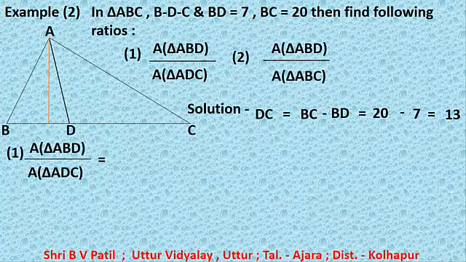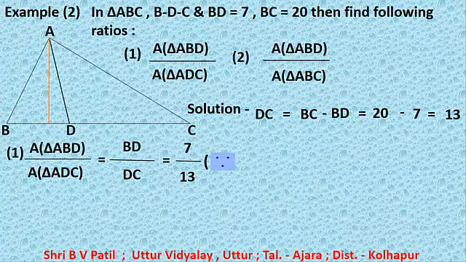The base of triangle ABD, that is BD, divided by the base of triangle ADC, that is DC. Give reason. Then substitute value of BD is 7 divided by value of DC is 13. We can't do here division. Then give reason, because triangles having equal height.